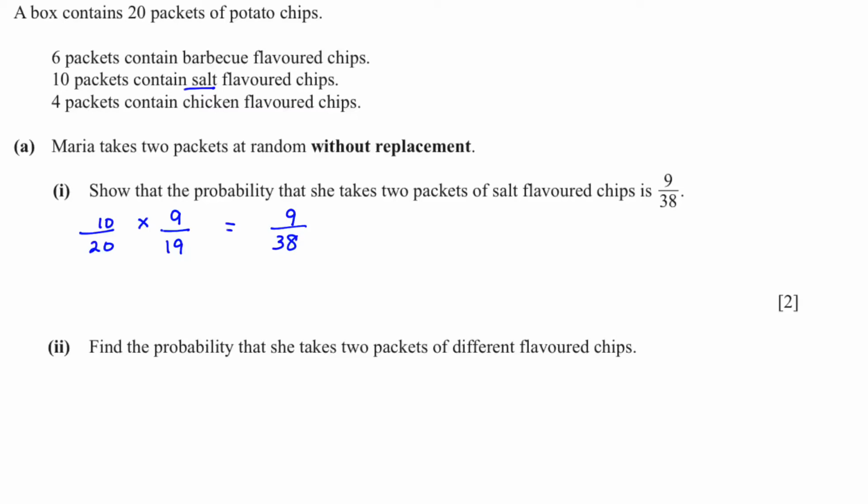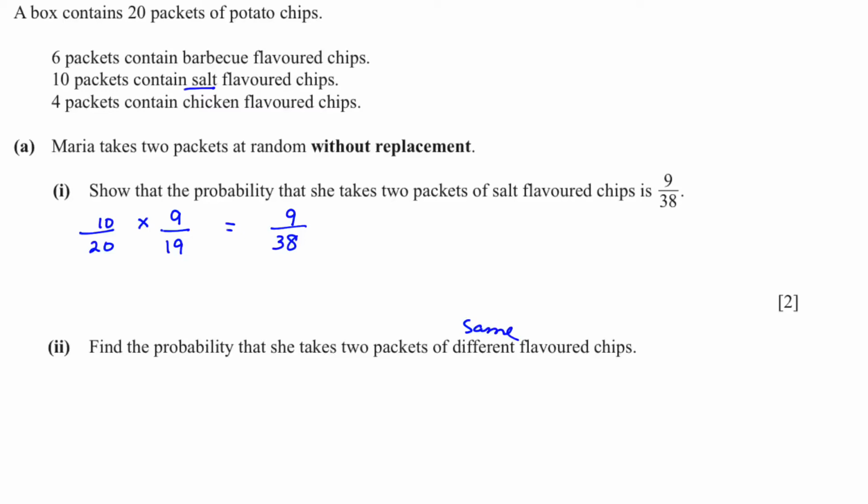Part A2. Find the probability that she takes 2 packets of different flavored chips. When you want to find 2 packets of different flavored chips, there's an easier way to do it. First, find the packets of same flavored chips. So we are going to find 2 packets of same flavored chips.